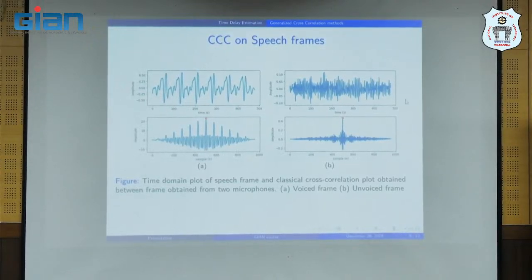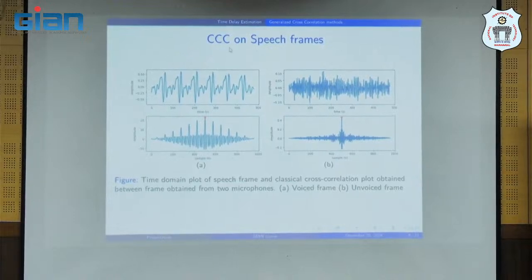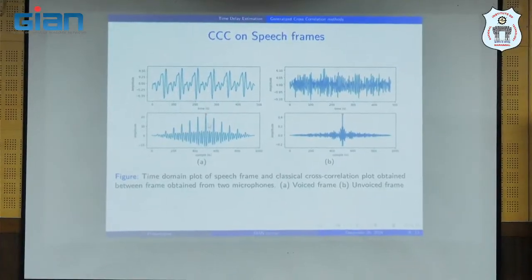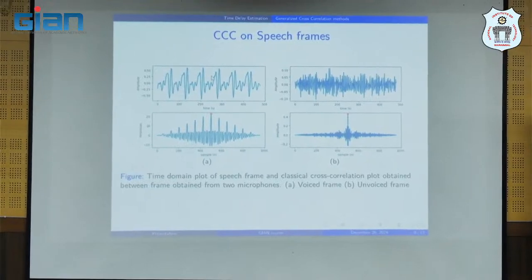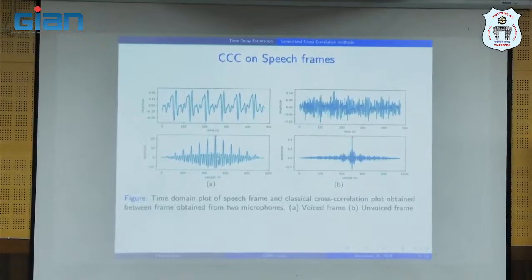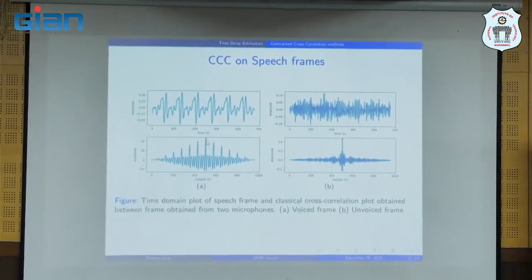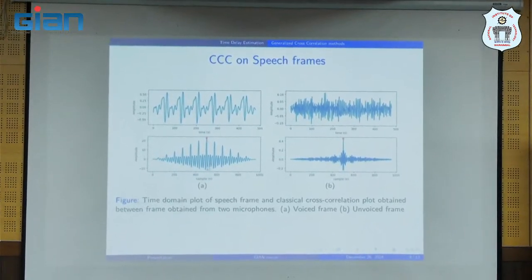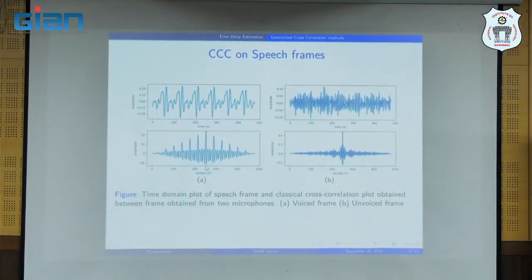We applied classical cross correlation and GCC-PHAT on both a periodic or voiced frame and an unvoiced frame. With classical cross correlation, this is the voiced frame, and this is an unvoiced frame or a fricative. We can see that the peak is here, and when we subtract this with the maximum shift, we get the time difference of arrival.